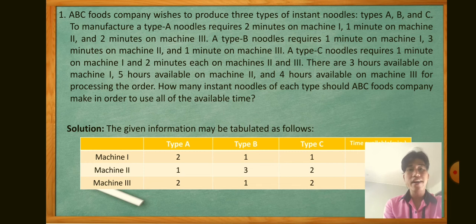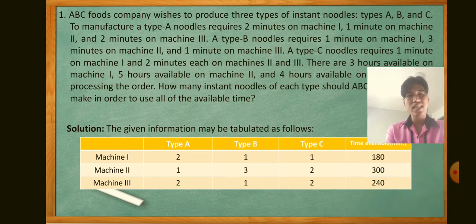There are 3 hours available on machine 1, 5 hours on machine 2, and 4 hours on machine 3 for processing the order. How many instant noodles of each type should ABC Food Company make in order to use all of the available time? Here is the table.